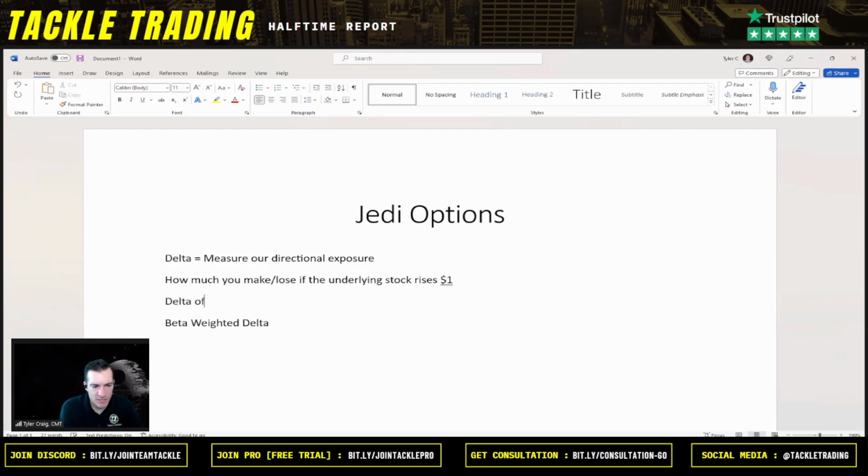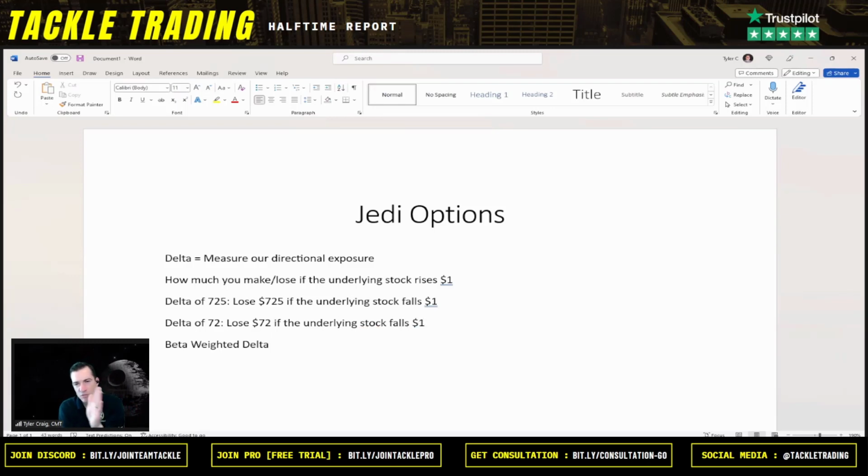Okay, so if you have a delta of 725, you lose $725 if the underlying stock falls $1. If you only have a delta of 72, you only lose $72 if the underlying stock falls $1. So your relationship to a $1 move in the underlying stock: big delta, more exposure. Small delta, not a lot of exposure.